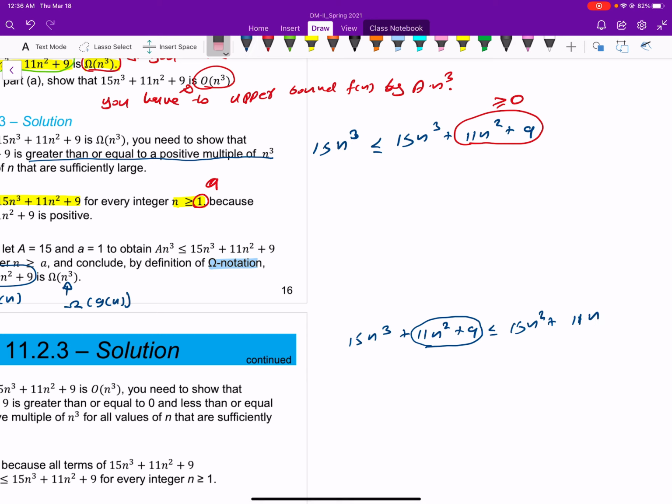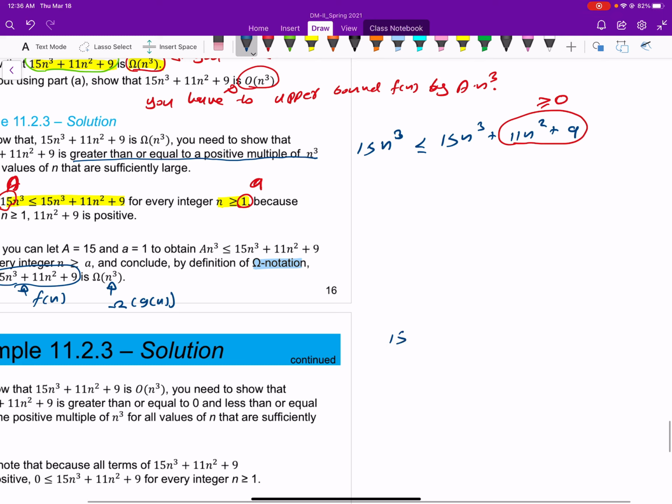I made a mistake, sorry. Let me correct that and explain from the beginning. 15 n to the power 3 plus 11 n to the power 2 plus 9. So you have to make an upper bound for that.